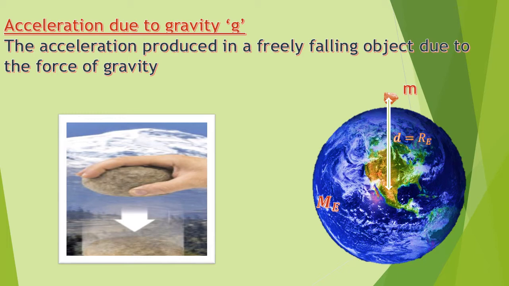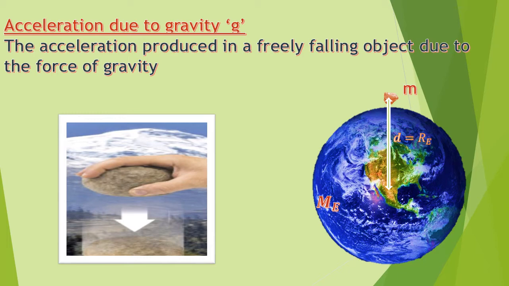So the earth has a mass of Me. You can see Me denotes the mass of the earth, and the distance between the center of the earth and the center of the object is taken as d, and here d is the radius of the earth, that is Re. Since the object is located on or near the surface of the earth, the height is negligible compared to the radius of the earth.